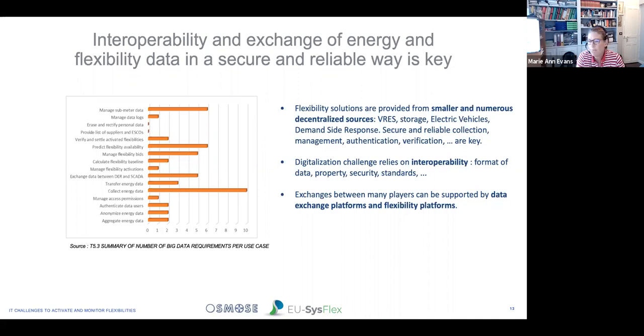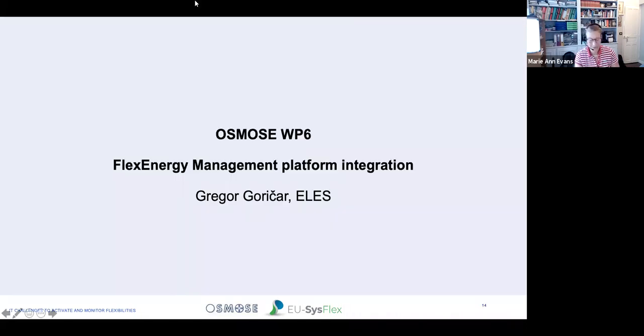So especially because we have some real-time data exchanges, and how they can be supported, especially by data exchange platforms and flexibility platforms, as I was saying in the introduction, our colleague Mandibi will present that as well. So have a great webinar, and I hope you enjoy the presentations.